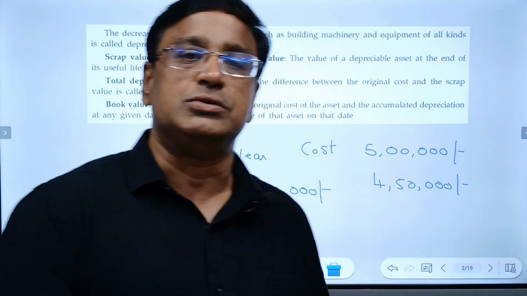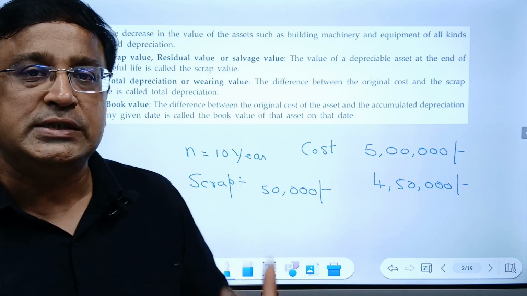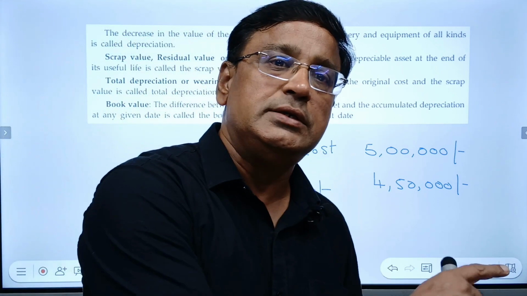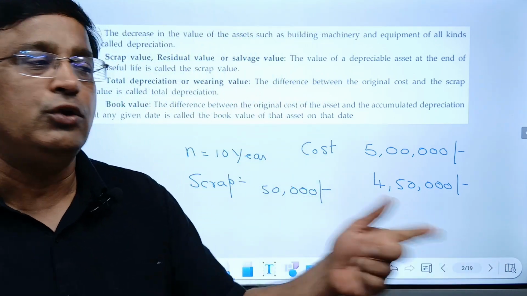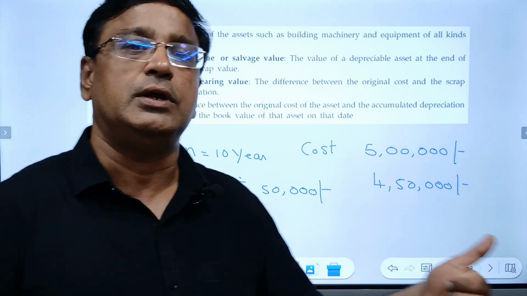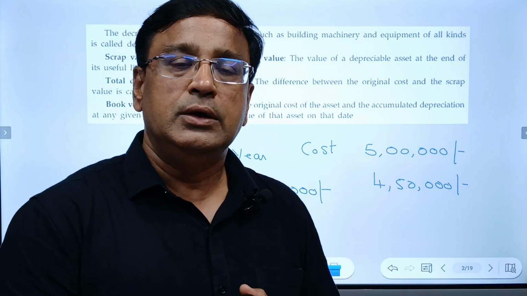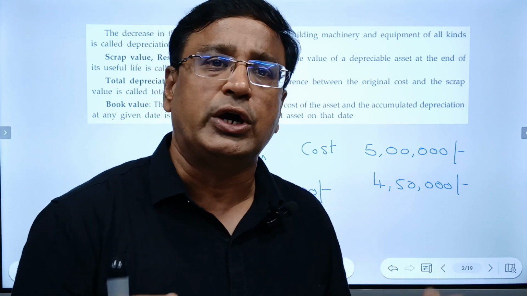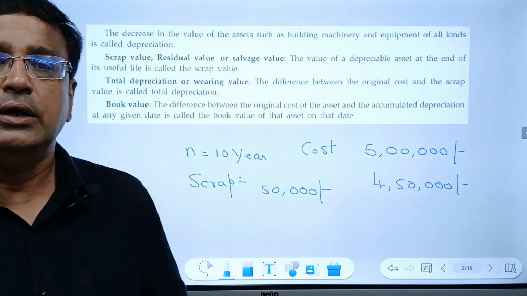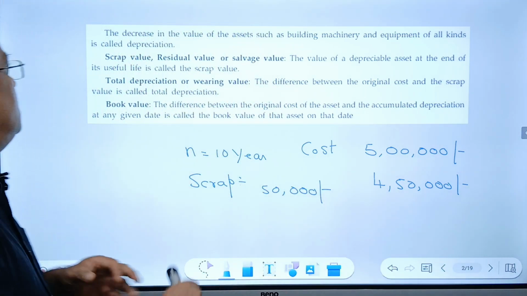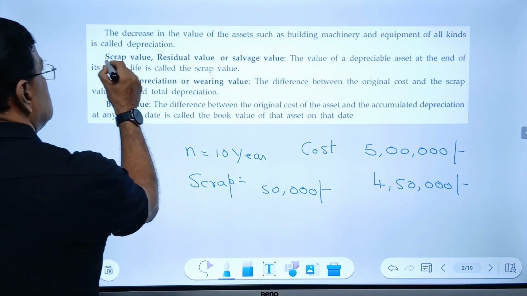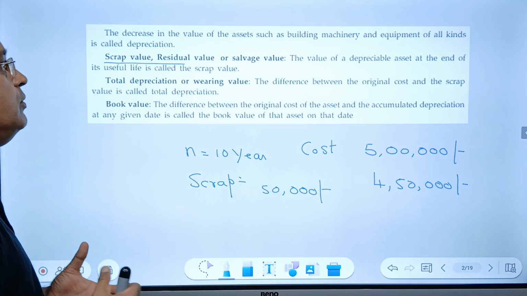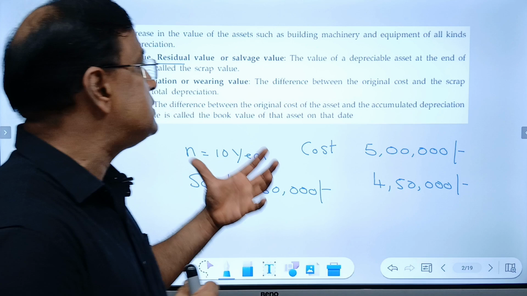Your new AC is 50,000 rupees, so they subtract the scrap value of 1,000 rupees, and you have to pay only 49,000 rupees for the new AC. That is what you call scrap. Scrap means once they feel that it is of no use, you can't resell it. So that terminology, scrap or residual value, is the value of a depreciable asset at the end of its useful life.